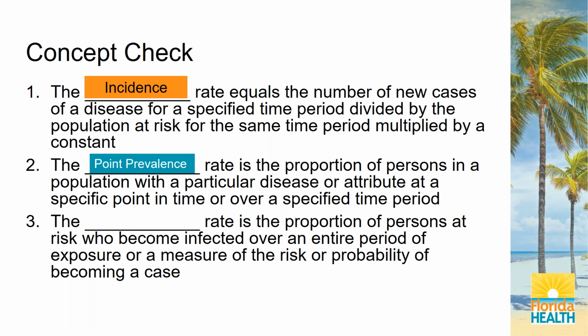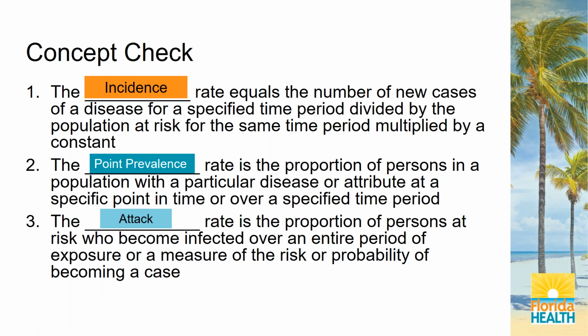As I've told you guys before, statistics isn't my strongest, so I have to come up with different ways to help me remember some of these things, and some of them may be silly, but I'm just letting you know what works for me. And then last, we have our attack rate.